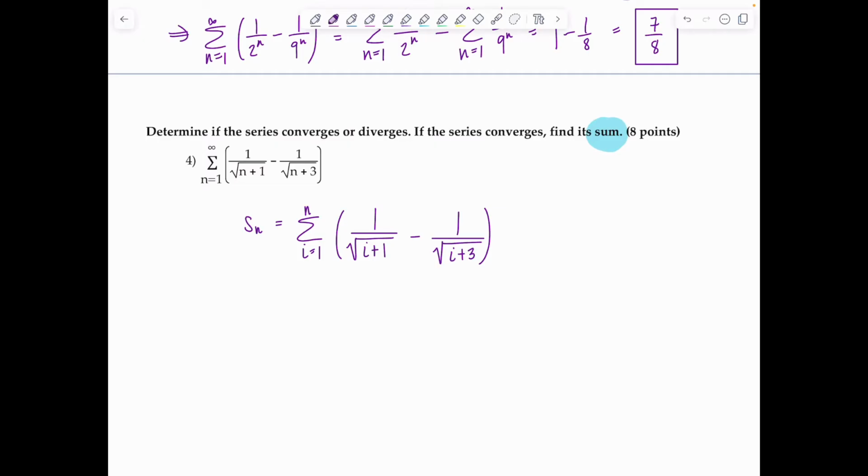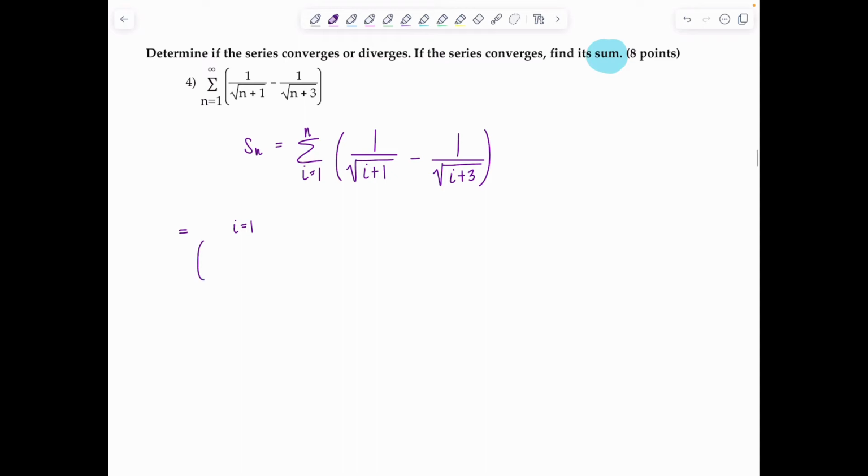Excellent. Now, for telescoping, you just start listing out the first few terms and the last few terms until you see a pattern, okay? So I'm going to start substituting in. Let's do i equals 1. I'm going to have 1 over rad 2 minus 1 over rad 4. And I know that simplifies, but it's not going to help me, so I just leave it.